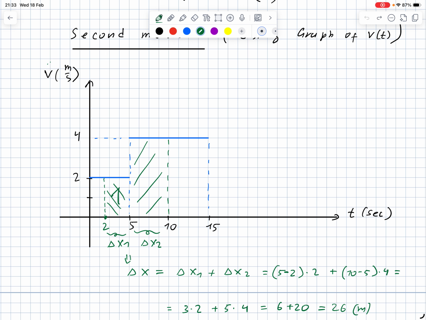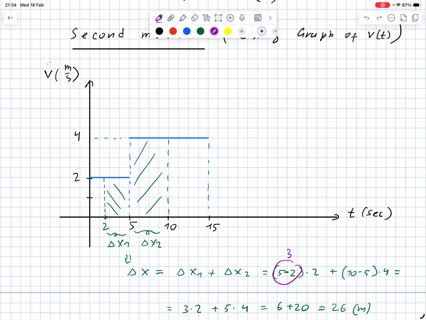Now it is very simple. The first area is base times height. Base equals 5 minus 2. This is the base, as you can see here. 5 minus 2 is actually 3, times 2 will give us 6.